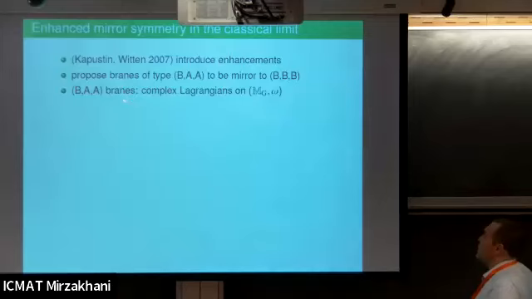Okay, there is one category of BAA branes which are simple mathematically too, and these are just complex Lagrangians, holomorphic Lagrangians on the Higgs moduli space, because with respect to the Higgs moduli space complex structure, these are holomorphic, and with respect to the other 2 complex structures, they are Lagrangians. So that's one class, and there are plenty of these Lagrangians.